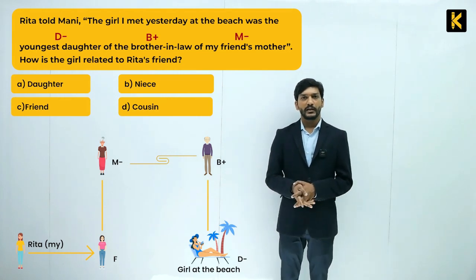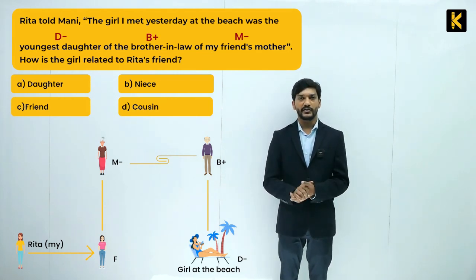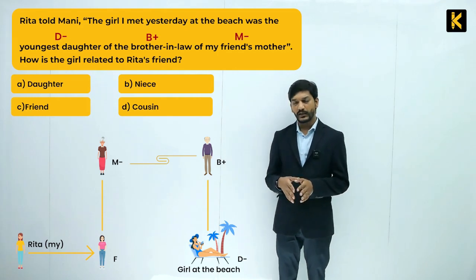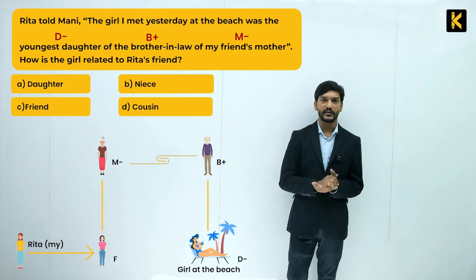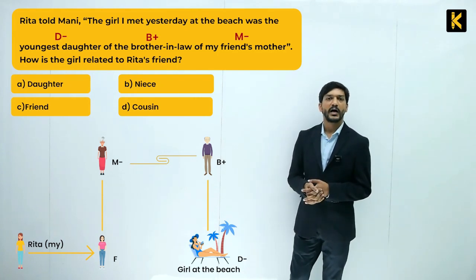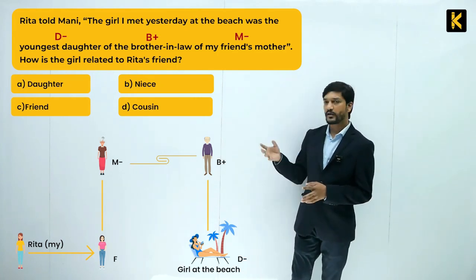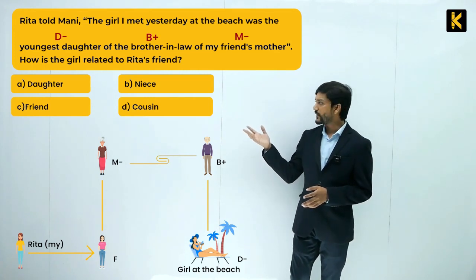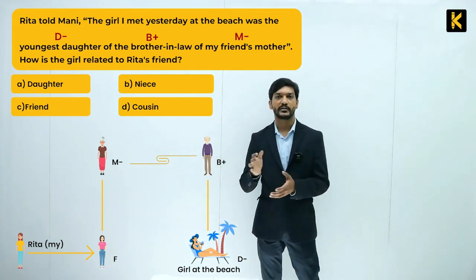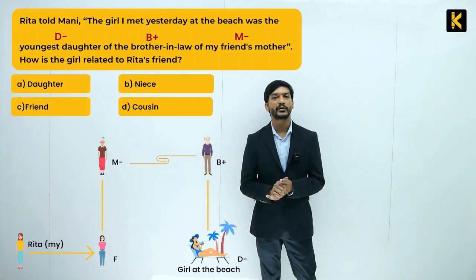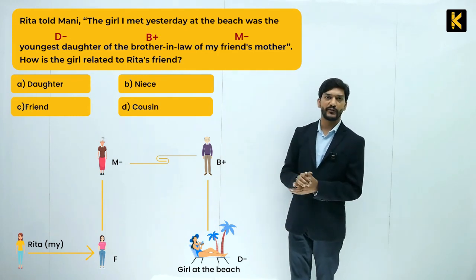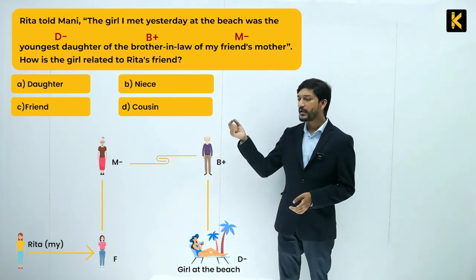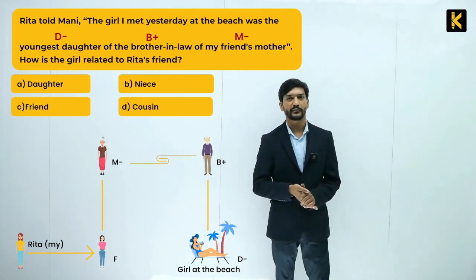Now we have to find the missing relations, and it is a little bit complicated as compared to the other questions. So please think like this. The question is, how is the girl related to Rita's friend? Girl means D minus. So the girl and Rita's friend is F. So D minus and F, what is the relation between them?